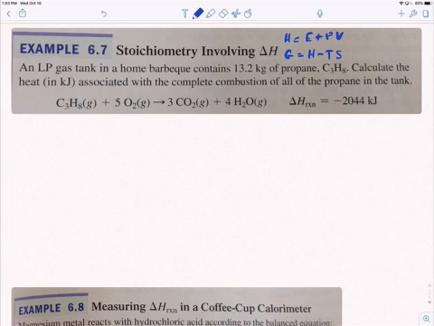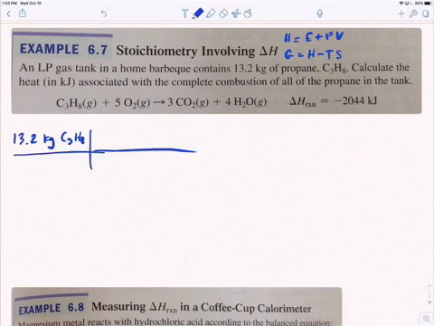So look at the propane tank. Calculate the heat in joules. Okay, 13.2 kilograms of propane, C3H8. So then that would be 1,000 grams per kilogram. And it's propane. I don't want to write propane.